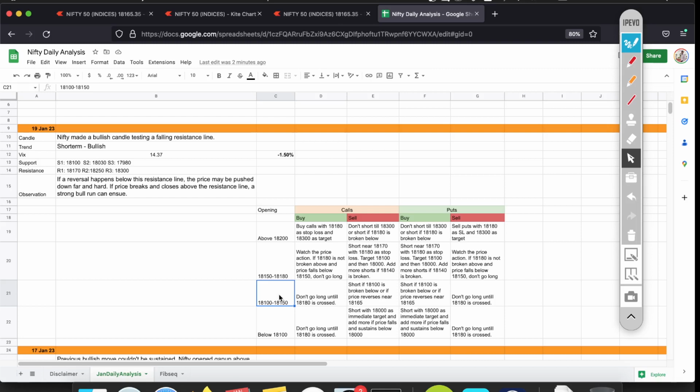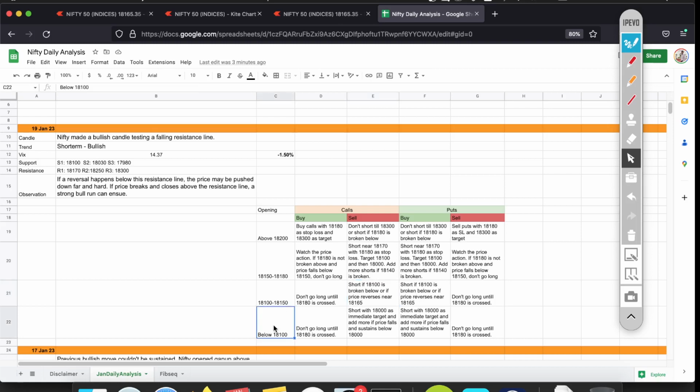In case that happens, you can take some short positions with 18,180 as stop loss, which is the top of today's candle. In case the price doesn't come up and 18,100 happens to be broken below, then you can definitely take short positions, because that indicates that the sentiment has changed and the price is reversing strongly down.